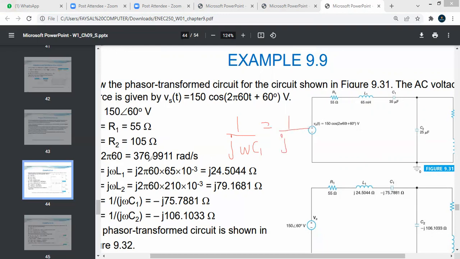So it will be 1 upon j, the value of omega is this one, 376.9911, multiplied with the value of C1. The C1 value is given as 35 micro, and micro is 10 raised to the power minus 6.